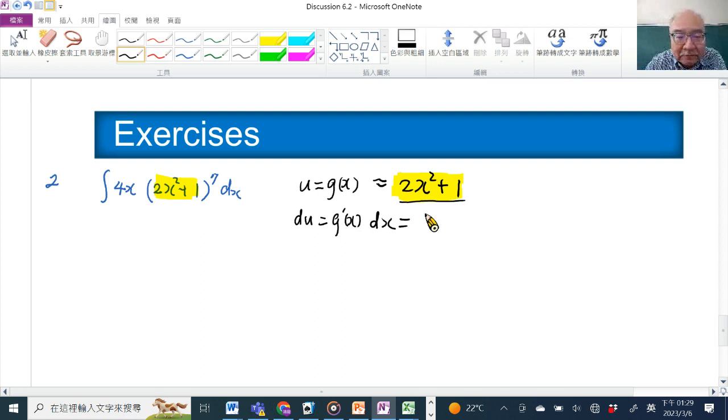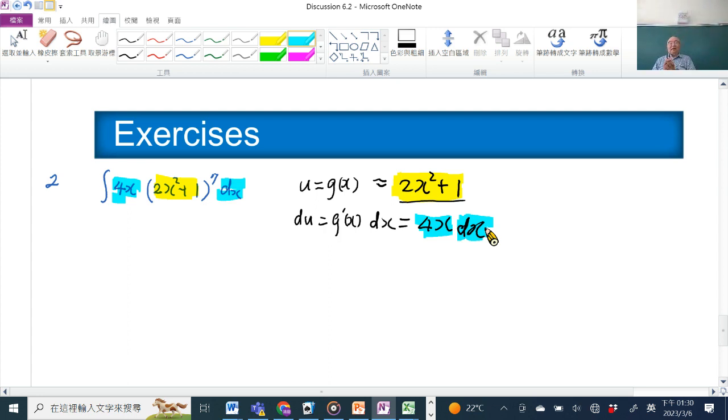So where can we find 4x? Happen to be in here. We combine 4x with the dx, and I should not forget about dx. So this part can be found in your original integration terms.